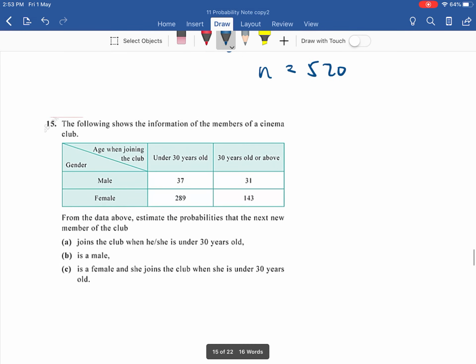And then we look at one more from the data. Some under 30 years old, some over 30 years old, male and female joining a club.